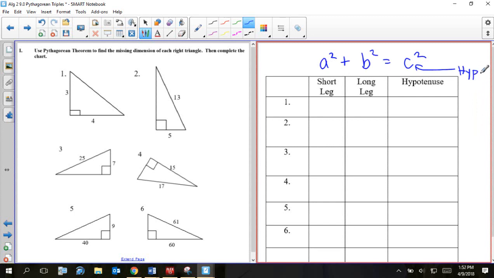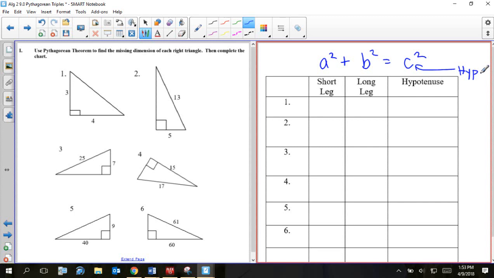C is the longest side. C is across from the 90 degrees. If you set it up wrong, you're going to get the wrong answer.